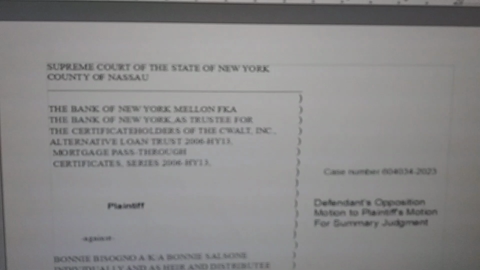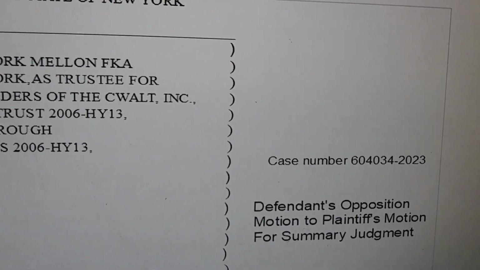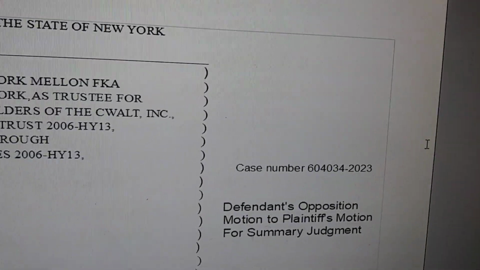Okay, so this is the heading to the case: Defendant's opposition to plaintiff's motion for summary judgment.